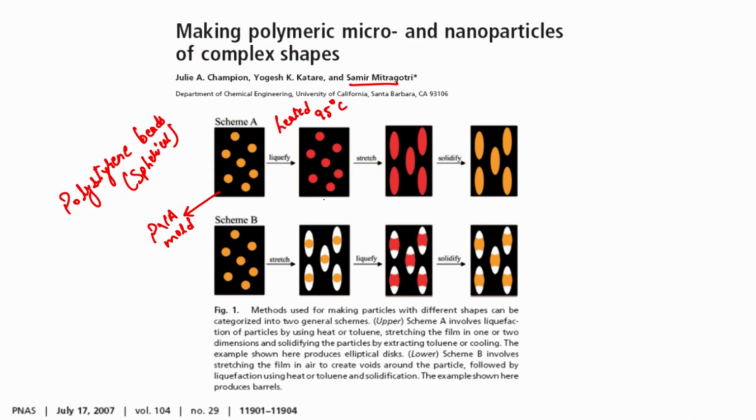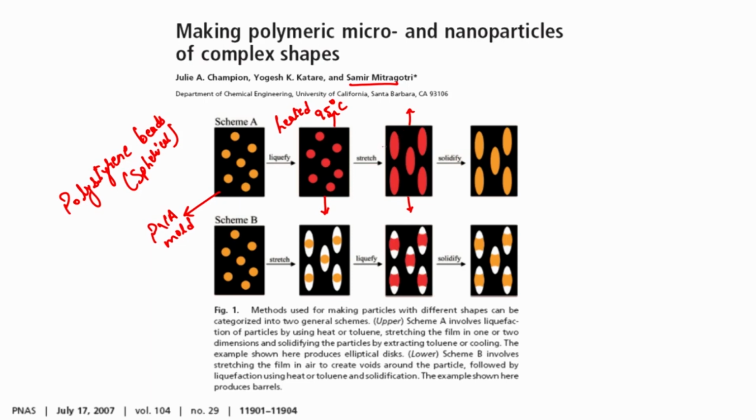Then you apply force on the mold in, let us say, a single dimension. Once you do that, because this force is there, you will have expansion of these pores in one direction and hence create an anisotropy in the system.